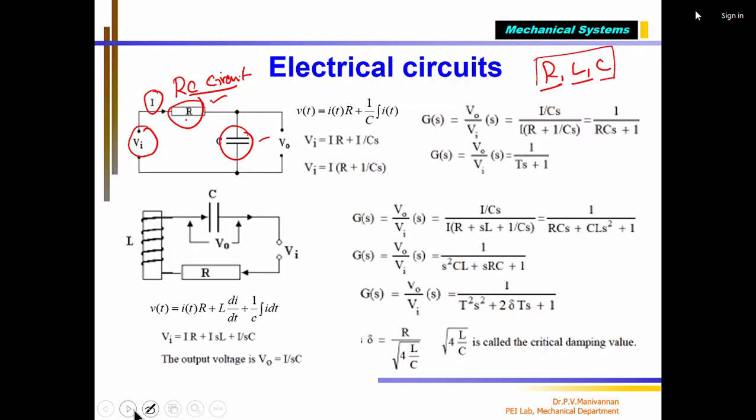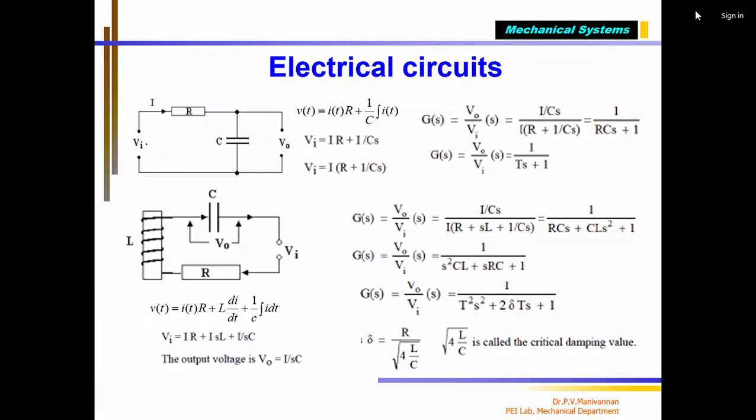Now, here you can see that VA is the input voltage. For example, I am giving it from a battery, 10 volts. My resistance is equal to 10 ohms. The capacitance is, for example, 5 farads. Once this voltage is applied, a current I will flow through the circuit. Due to the current, a voltage will be developed across the capacitance, VC.